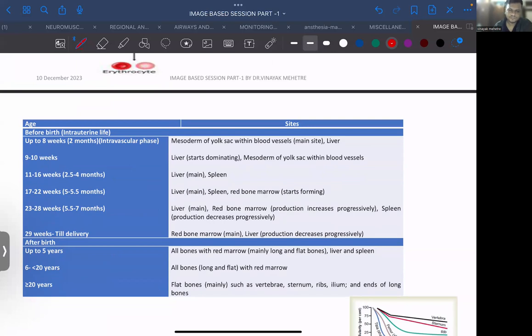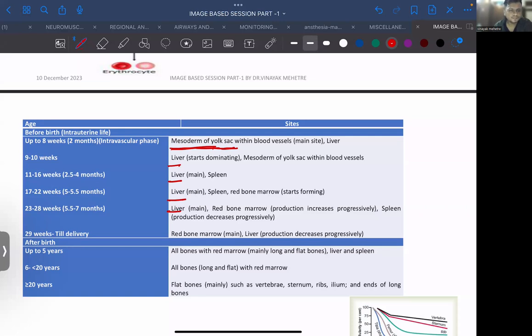Which layer does it start from? Mesoderm. Please read it carefully, examiners play with the wording if you know it. So it starts in mesoderm. And the main site of erythropoiesis in an embryo, or in a child which is in the womb, is always going to stay liver.